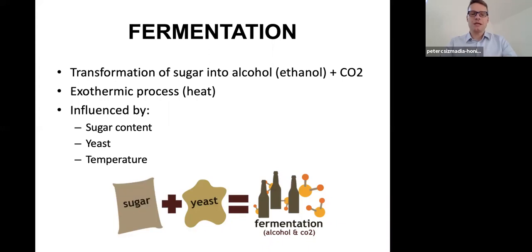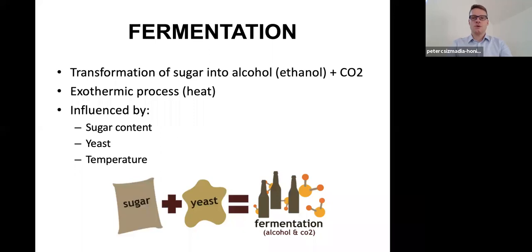In terms of the yeast, I'd like to ponder a bit more on this, because there are 2 major types. One is what we call the ambient yeast, and these ambient yeasts are those present in the winery. Fermentation starts when these ambient yeasts start to eat up the sugar and convert it into alcohol.